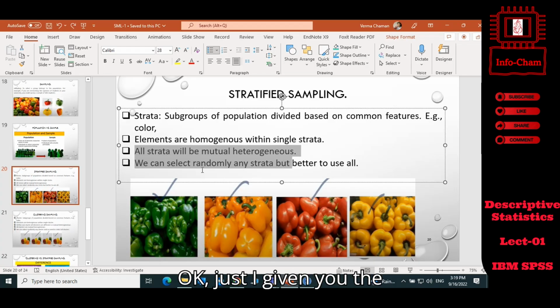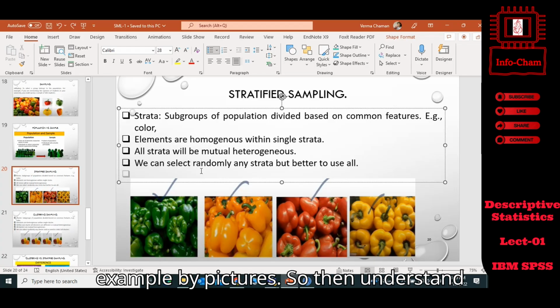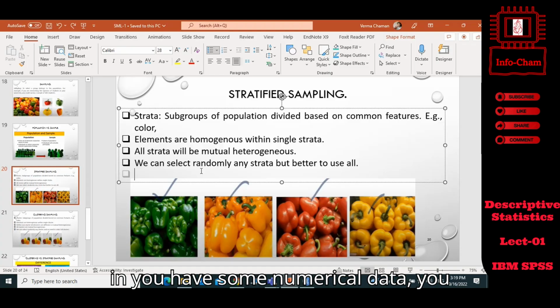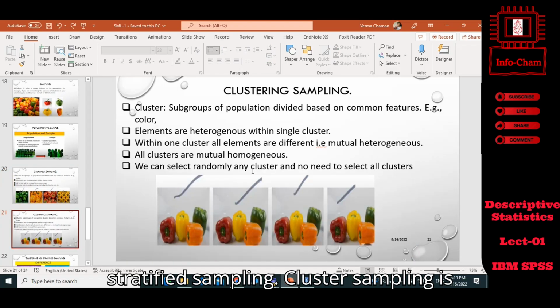I gave you the example with pictures so you understand well what it actually is. But if you have numerical data, you have to focus on how we can do it. We can randomly select a stratum, or better to use all of them. So this is stratified sampling.